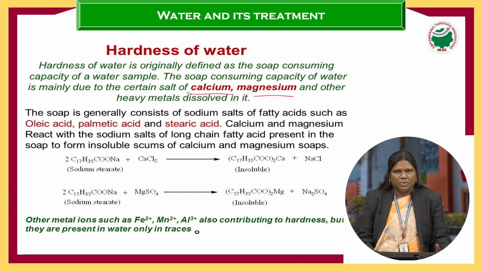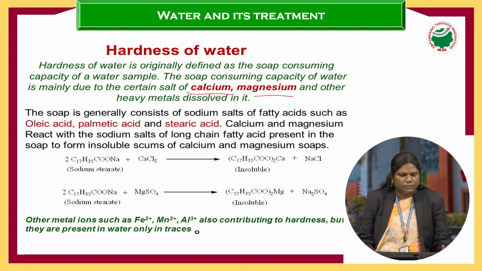This is the soap consuming capacity of the water. By seeing a water, we cannot say it is hard water or soft water. If we wash the hands or any clothes with the water and soap, when foam is coming, lather is forming, then the water is called soft water. If foam or lather is not forming, then it is called hard water.